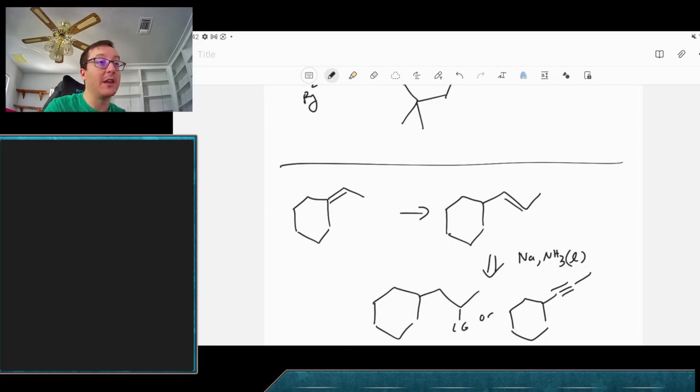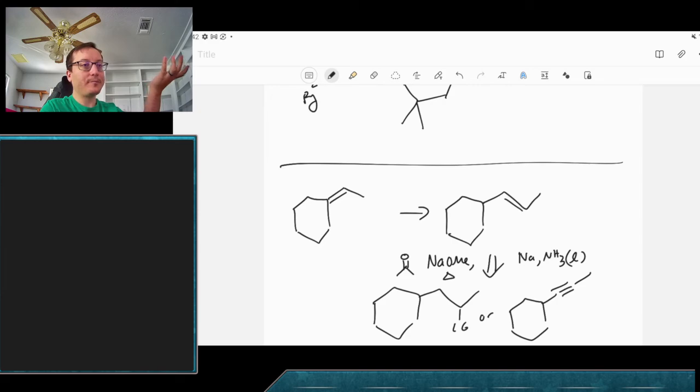Sodium and ammonia would give us the trans-alkene. Or we would need to do an E2 reaction using a small base on something with a leaving group.